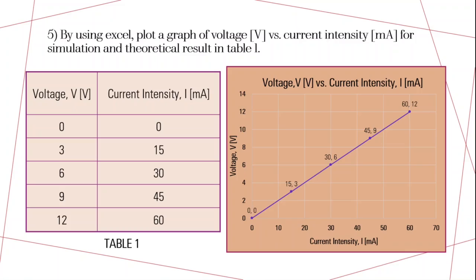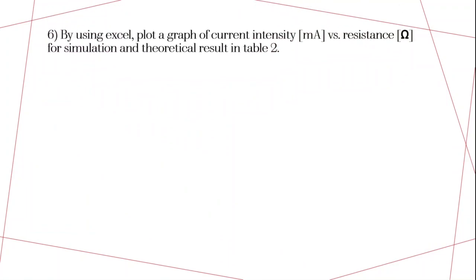Now moving on to question 6. By using Excel, plot a graph of current intensity mA versus resistance ohm for the simulation and theoretical results in table 2.